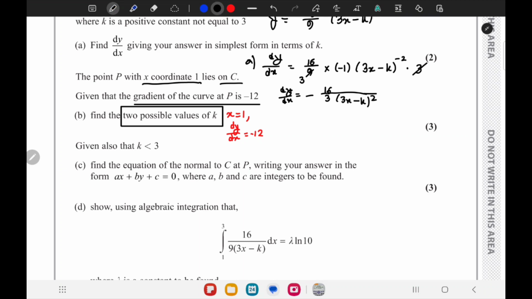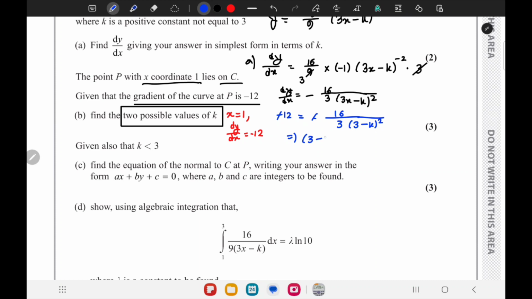So dy by dx, minus 12 equals minus 16 by 3 times (3 minus k) squared. You can cancel out the minuses, move 16 by 3 to the other side, and move 12 to the other side as well.